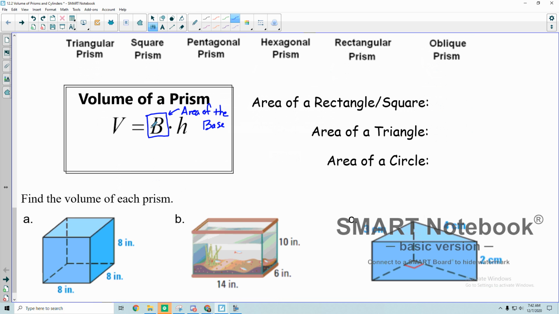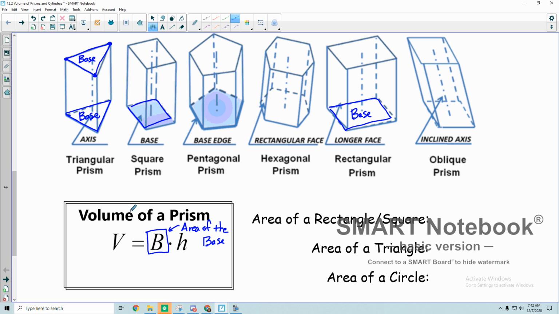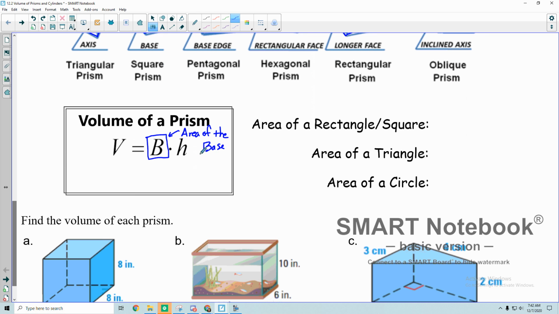What we plug in for B, the area of the base, is going to depend on what kind of base we're using. If we're using a rectangular base or a triangular base, what we plug in for B will be different.